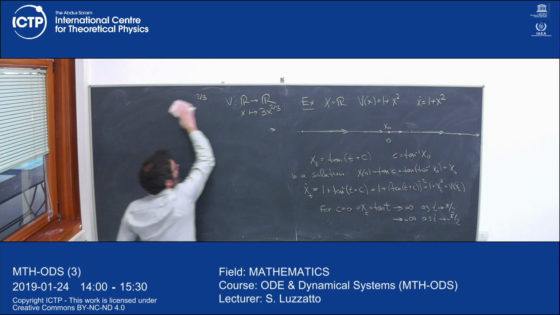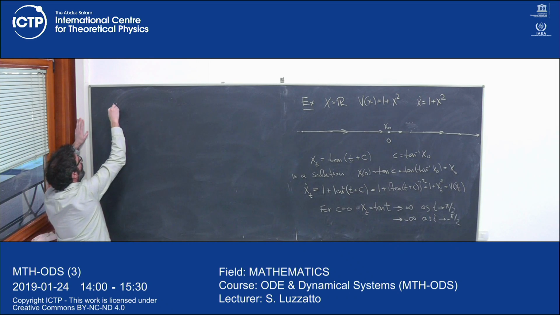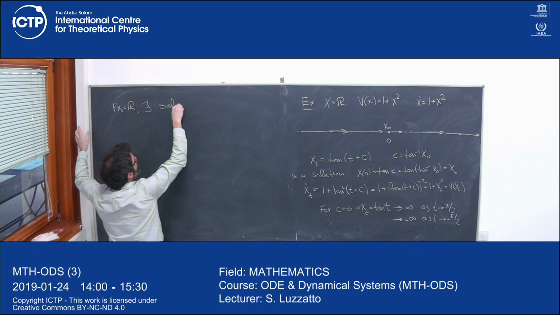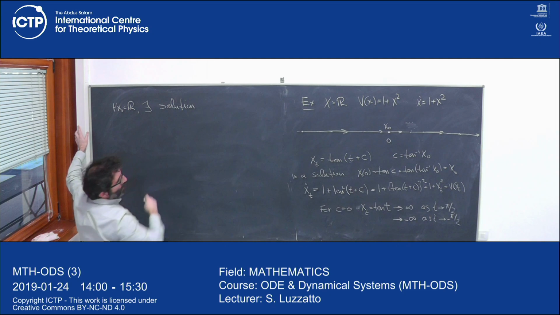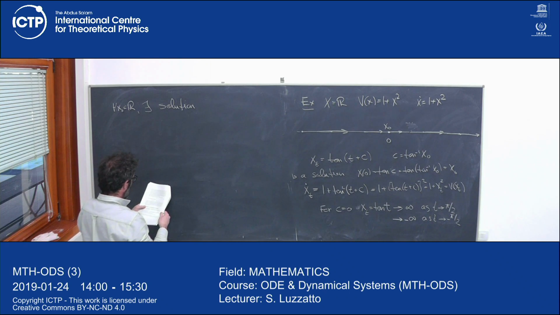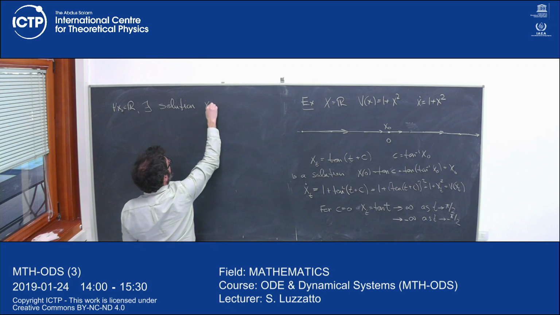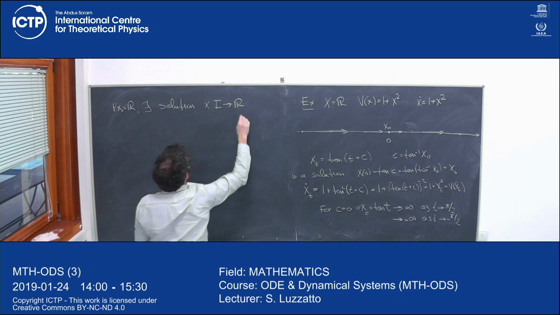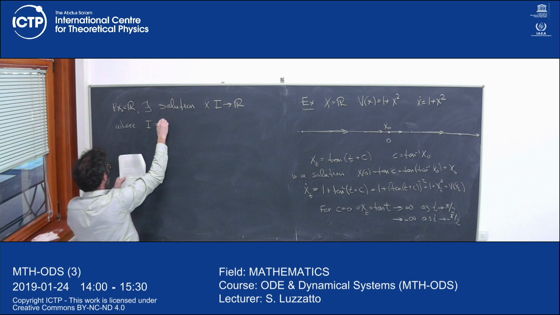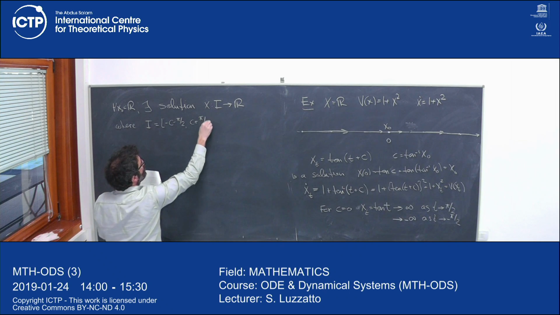Okay, so in that particular case, for all initial conditions x0 in R, there exists a solution x from I into R, where I is equal to minus c minus pi over 2, c plus pi over 2.